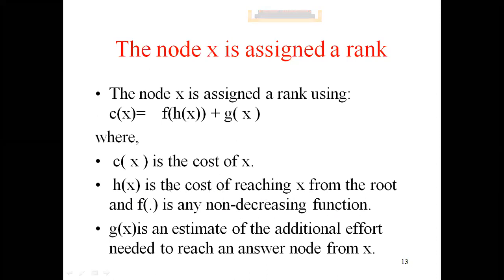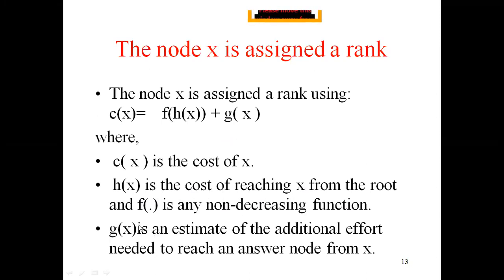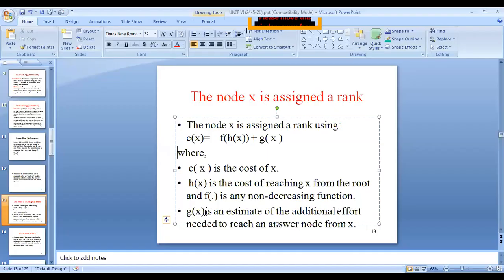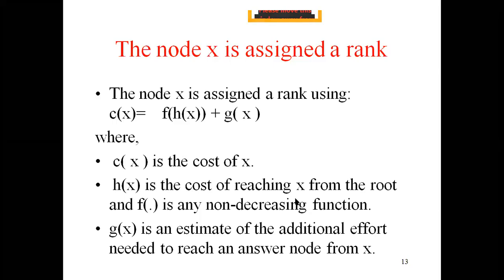So h of x means the cost of reaching x from the root node. f is a non-decreasing function. And g of x is an estimate of the additional effort needed to reach an answer node from x.